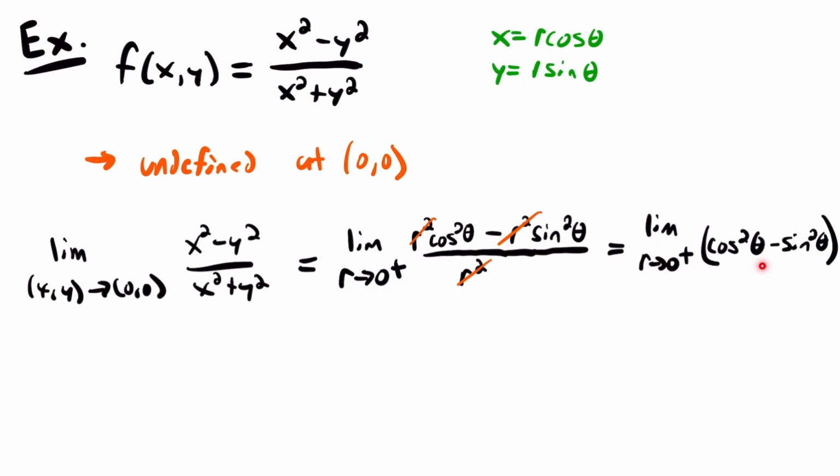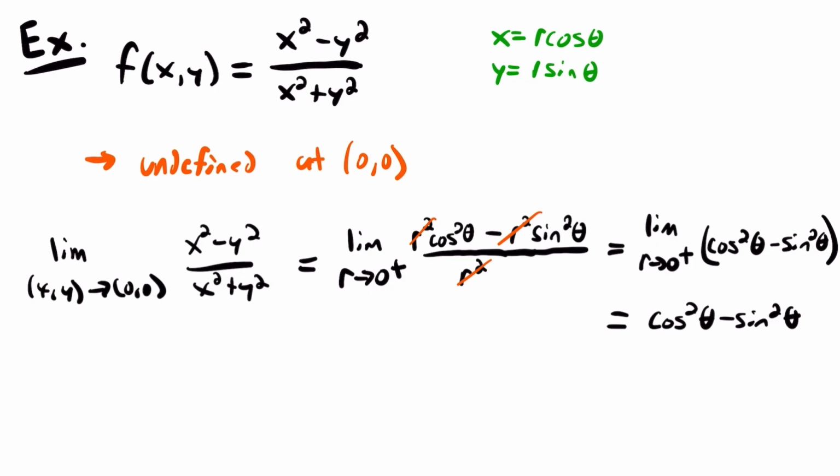And what do you notice about this limit? Well, there's no r's left. So technically what we're looking at here is just a constant value, at least with respect to r. So the limit here would just be equal to cosine squared theta minus sine squared theta.